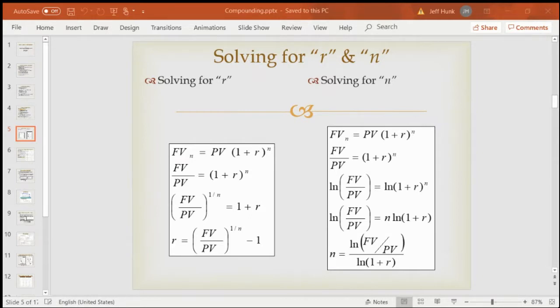In the right-hand side, I have isolated 1 plus r raised to n. And then suddenly you notice that it makes a jump. You see ln of FV over PV in the left-hand side, and on the right-hand side, you see ln of 1 plus r raised to n.